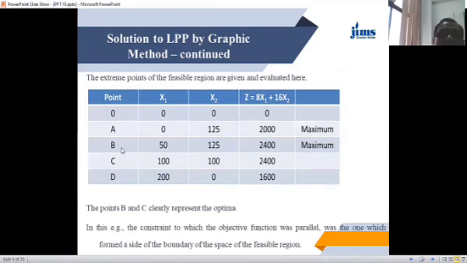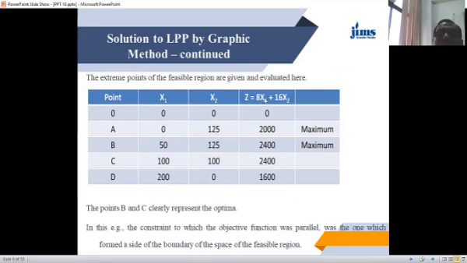At point B, x1 is 50, x2 is 125. So 8 into 50 is 400, and 125 into 16 equals 2000. This is 2400. At point C, both x1 and x2 are 100.